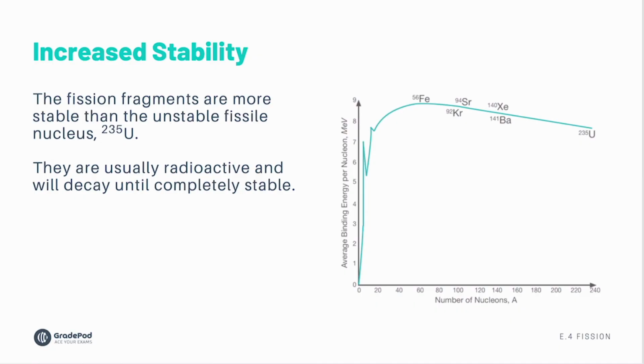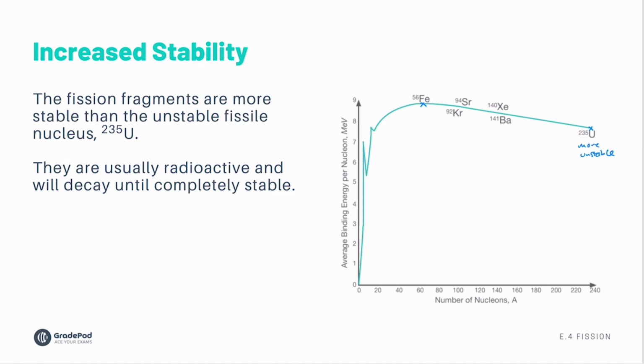This graph will be very familiar to you. We looked at it in E3. And do you remember that the higher up this graph, the further up this y-axis of average binding energy per nucleon, the more stable a nucleus is. And in fact, the most stable nucleus is iron-56. If we look at uranium-235, which is a fissionable product, it's got a smaller binding energy per nucleon than iron, which means it's more unstable.